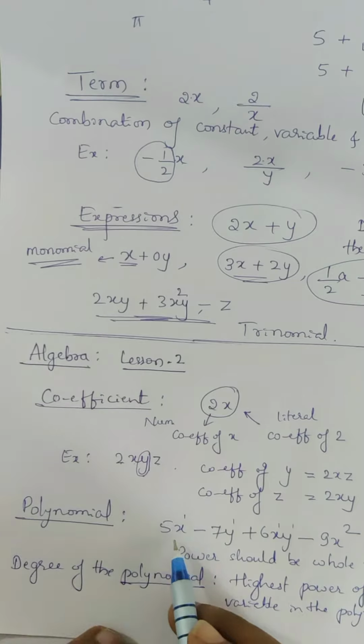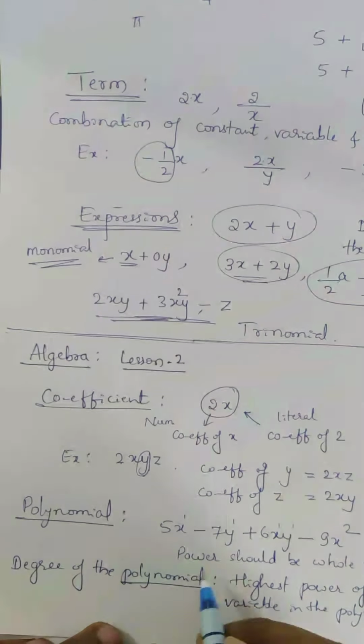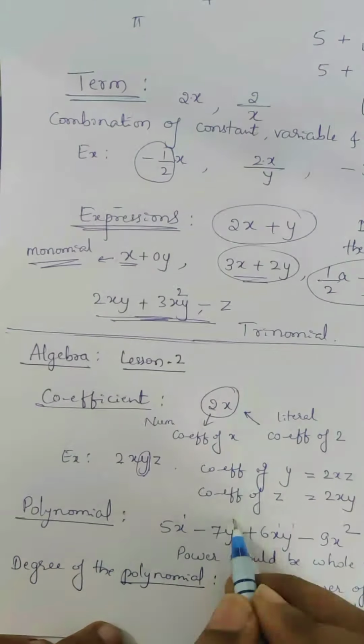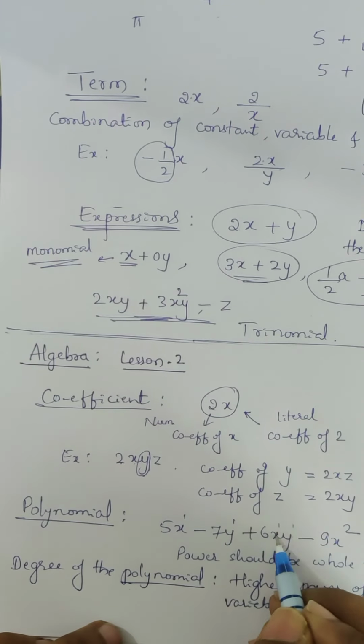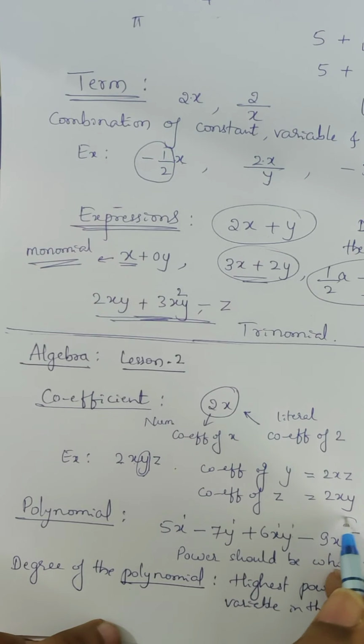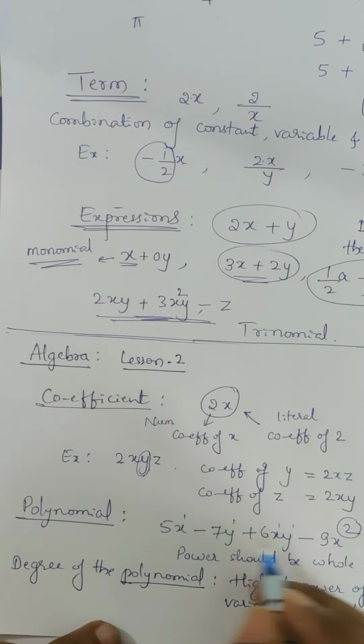Suppose you see this polynomial, which is the highest power? Here the power of the variable is 1, here it is 1, here the power of these two together is 2, here the power is 2. So the highest power is 2.